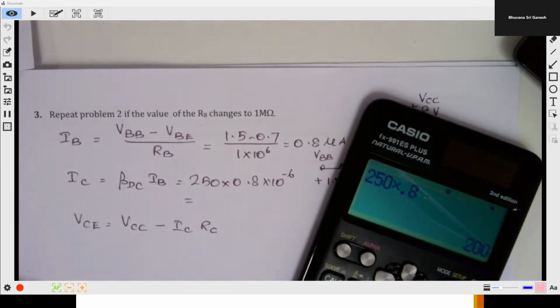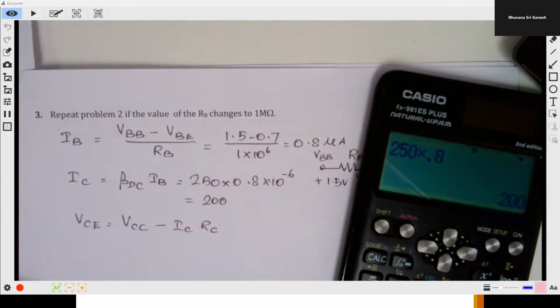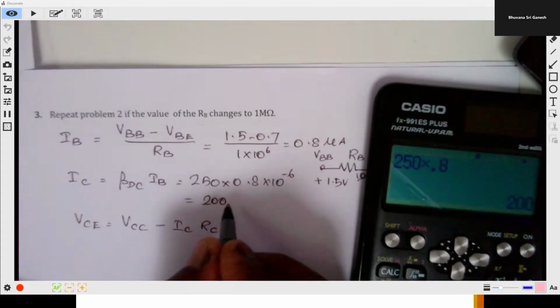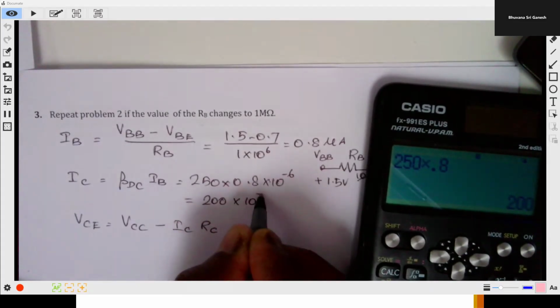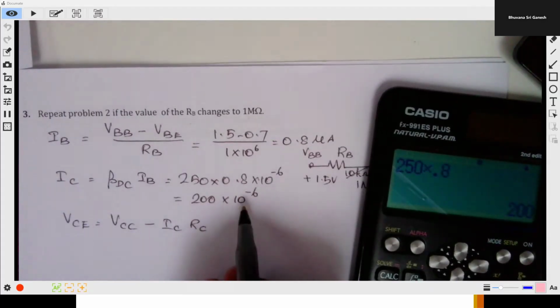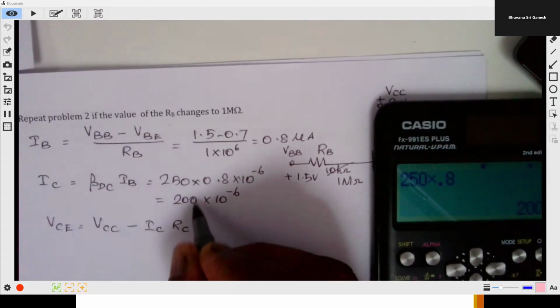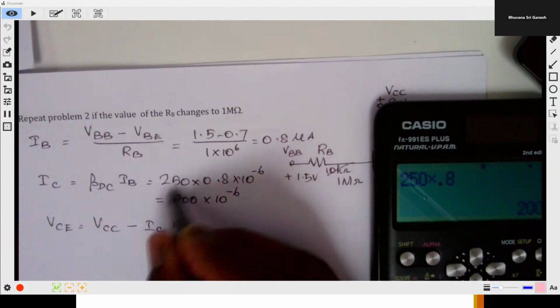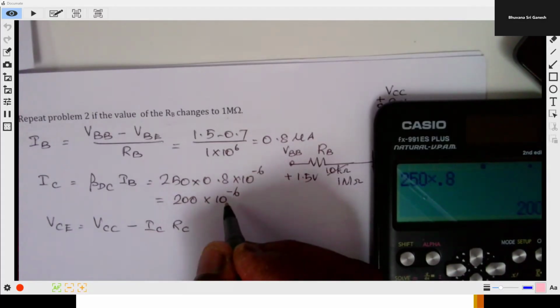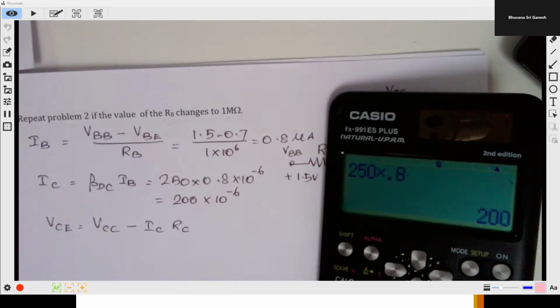This is giving you 200 times 10 power negative 6. So this we can leave as 200 microamperes, we can leave it as it is. If you want to bring down these two zeros, 1 2 3 places, 0.2 milliamperes we can write.